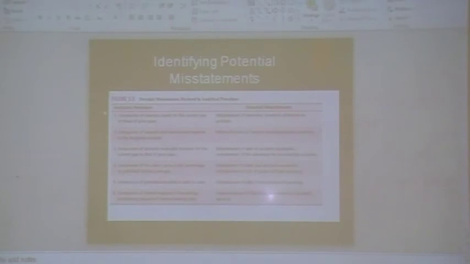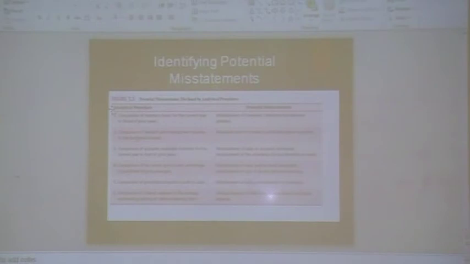If you look at the top one there first, identifying potential misstatements. Our analytical procedure: comparison of inventory levels for the current year to those from prior years. The potential misstatement is an inventory obsolescence problem. Comparison of research and development expense to the budgeted amount: misclassification of research and development expenses.